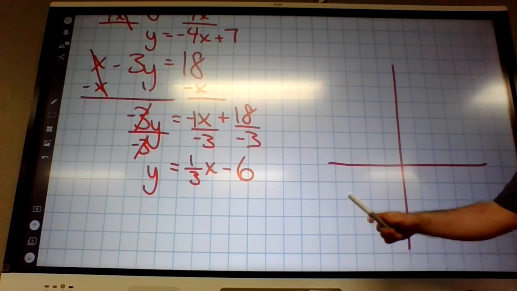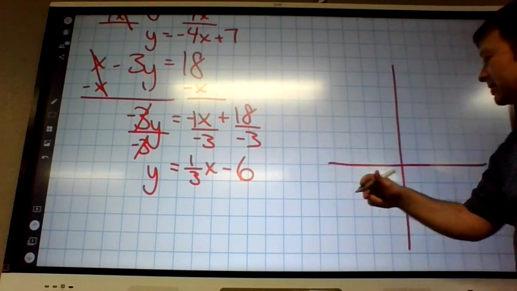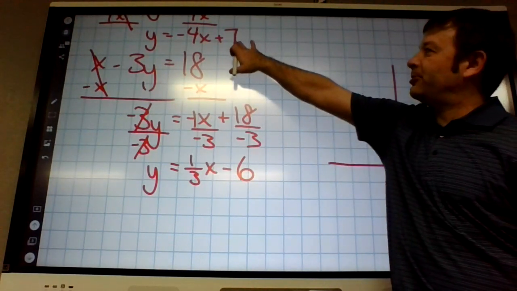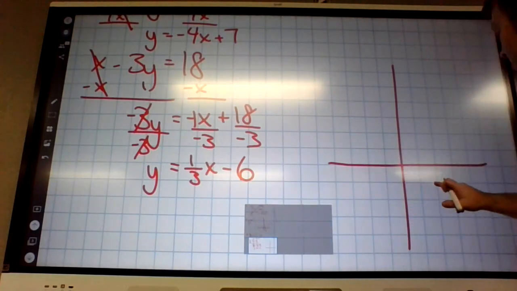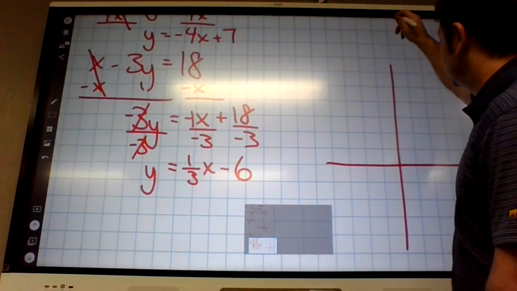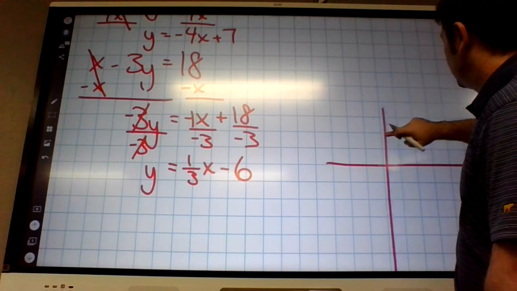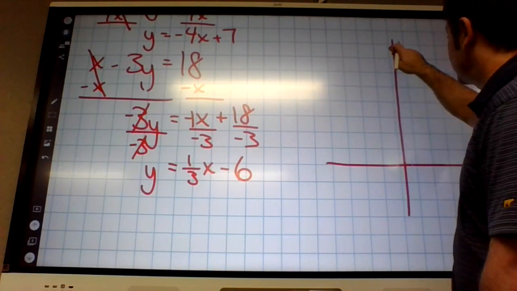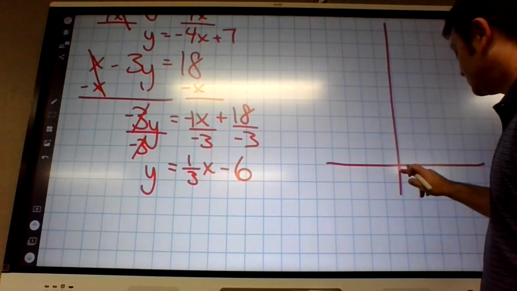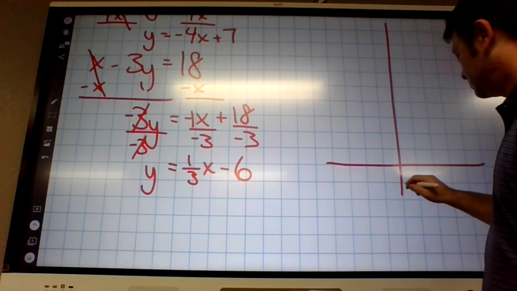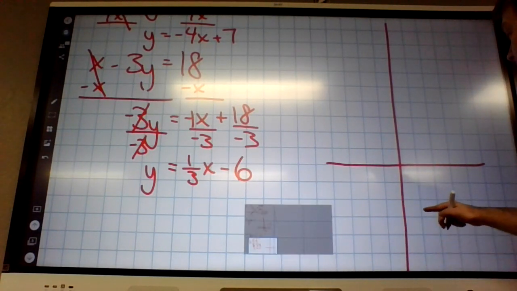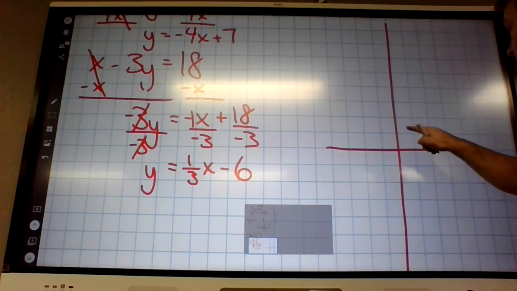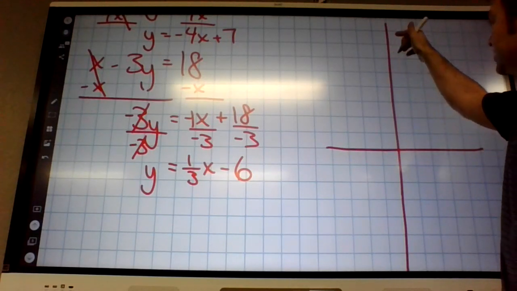Moses, where am I going to start this graph at? This is very tall because we're going from plus 7 to minus 6. I don't know if I made my line long enough. Yeah, let's do this. One, two, three, four, 5. 1, 2, 3, 4, 5, 6, 7.